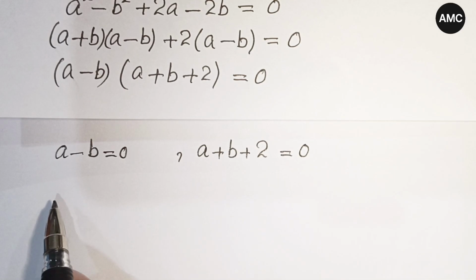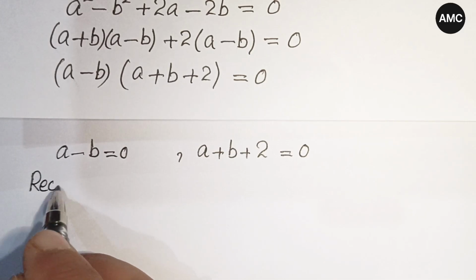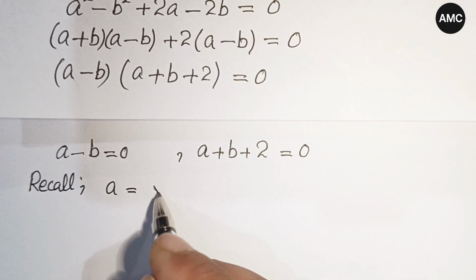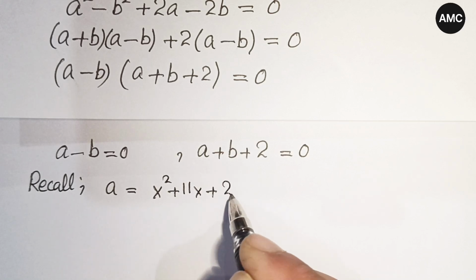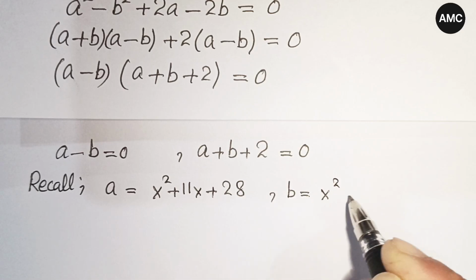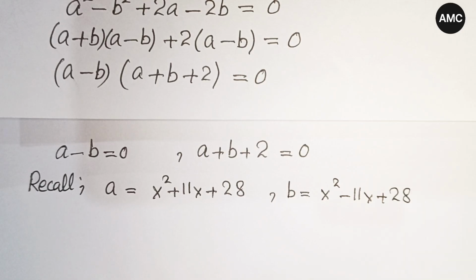But recall that we have just supposed that a is equal to x squared plus 11x plus 28, and b is equal to x squared minus 11x plus 28.